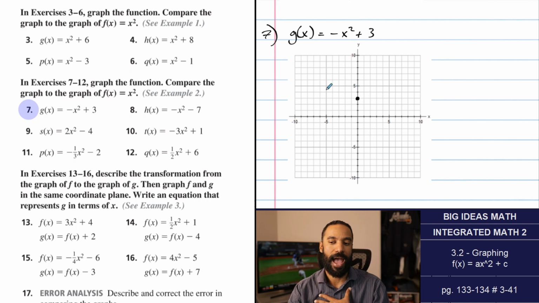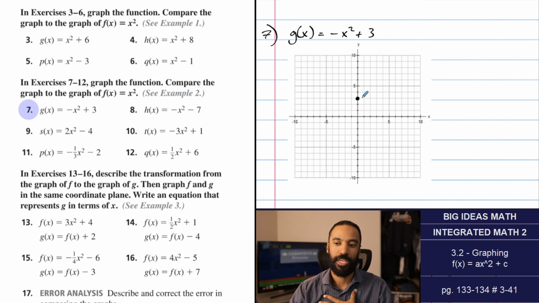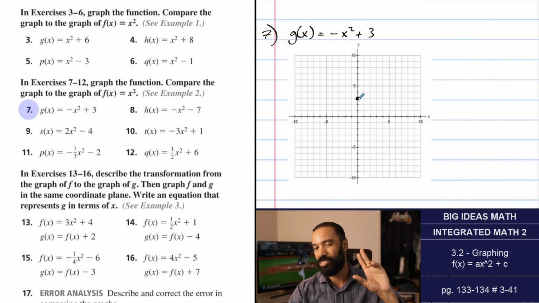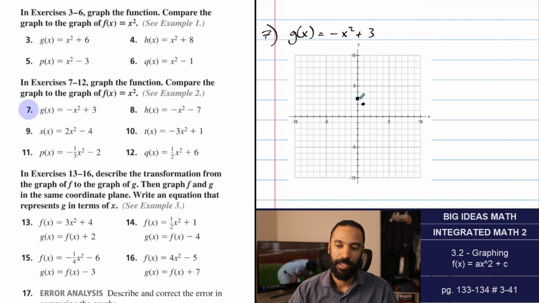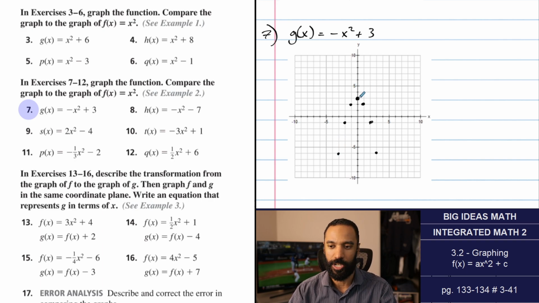As I translated 3 units up, because everything I do is in relation to my vertex, I'm already reflected in my mind. We are going to go down. Instead of 1, 1, 2, 4, 3, 9 upward, it's 1, 1, 2, 4, 3, 9 downward. So we hit these points instead, going this direction, like that. So it did reflect over the x-axis to begin with. That was its flip, and then the translation happened next.